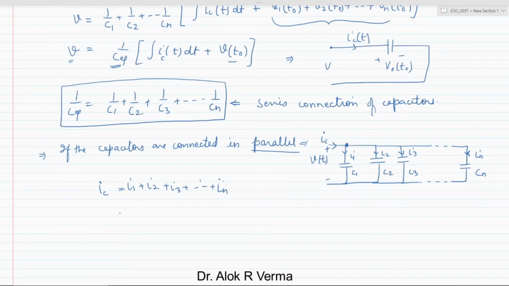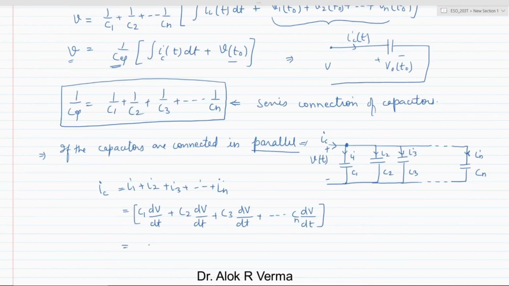So in this particular case, we can simply write IC is nothing but C1 dV by dt plus C2 dV by dt plus C3 dV by dt plus Cn dV by dt. Okay, so this is the thing.